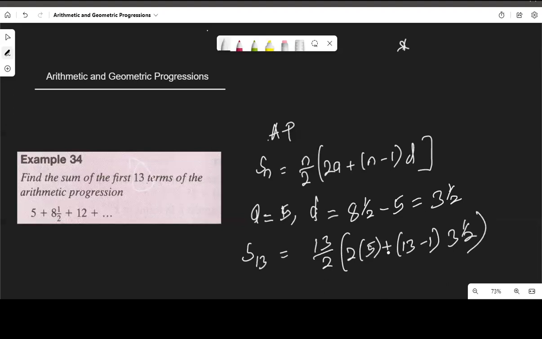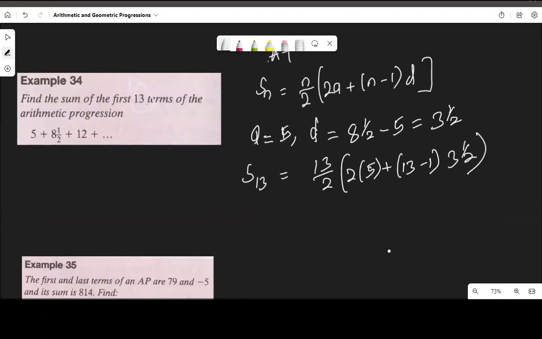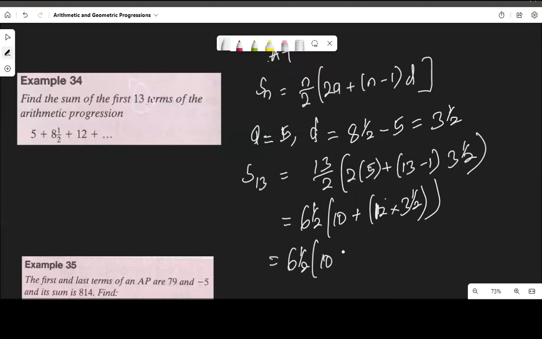That will be 13 divided by 2, which is 6.5, multiplied by 10, that is 2 times 5, plus 13 minus 1 is 12, 12 multiplied by 3.5, which will be 6.5 multiplied by 10 plus 12 times 3.5.